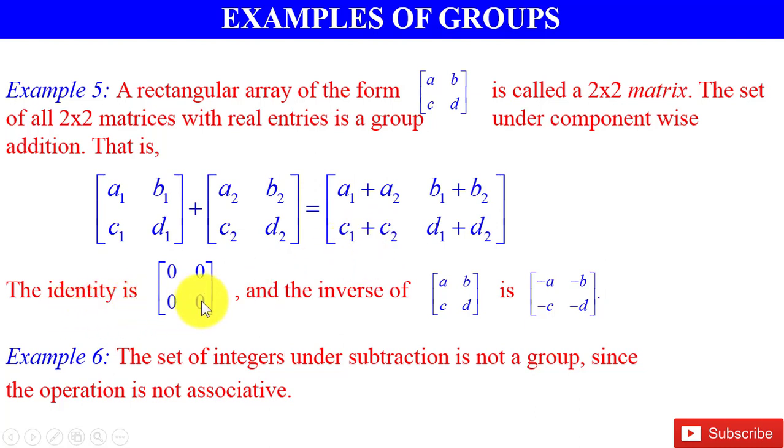The identity is 0, 0, 0, 0 and inverse of A, B, C, D is minus A, minus B, minus C, minus D. For example, suppose a 2 by 2 matrix is 1, 2, 3, 4 whose inverse is minus 1, minus 2, minus 3, minus 4.